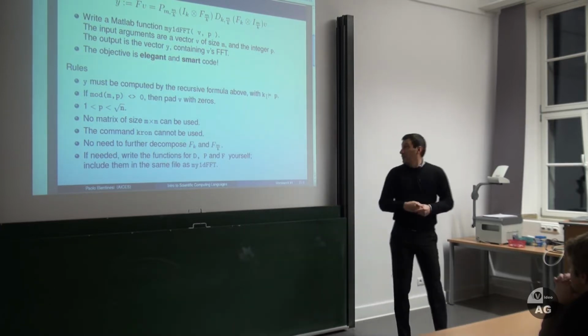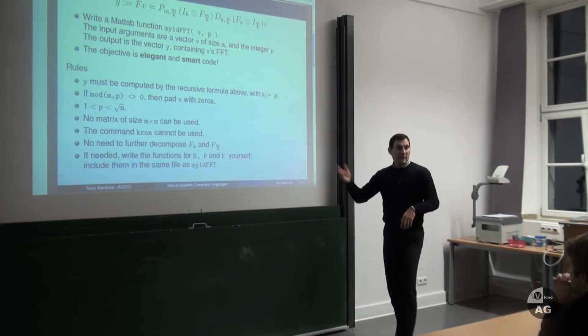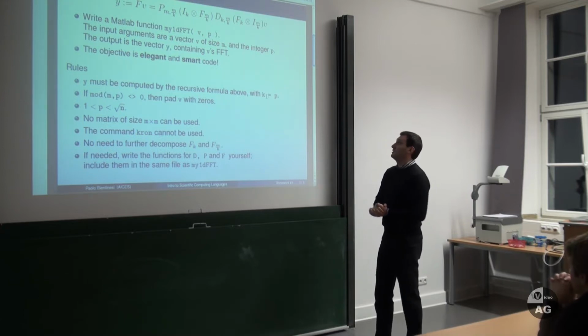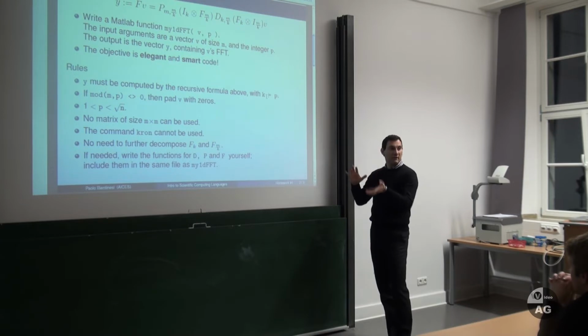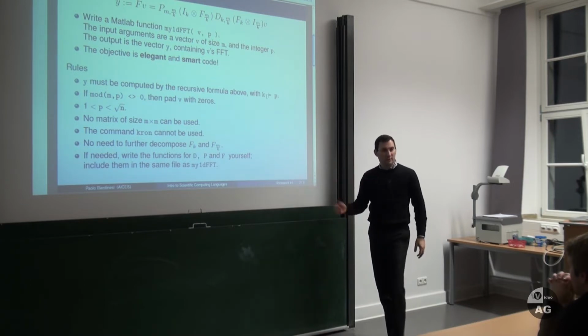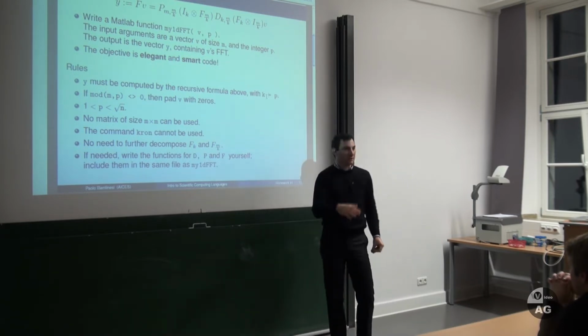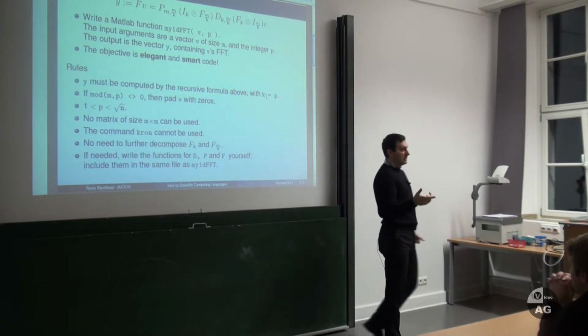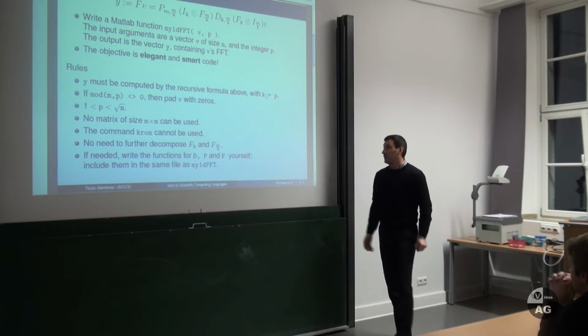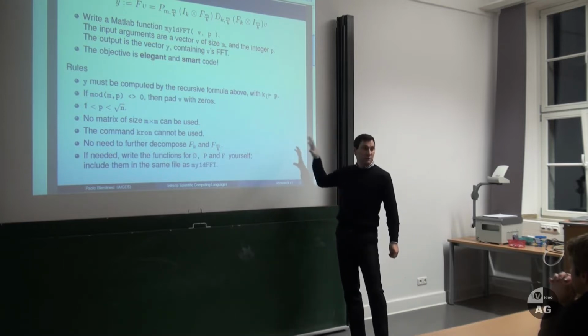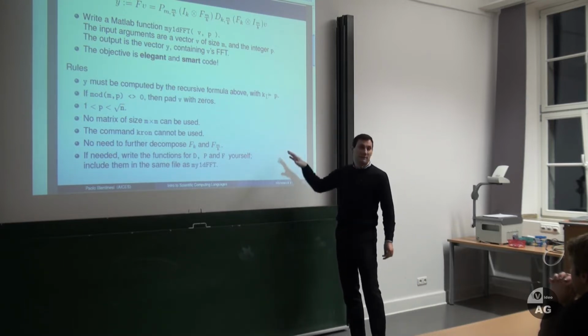You will check the accuracy. You will check maybe different approaches, and you will do all of that in MATLAB or maybe Mathematica or maybe Python, but certainly not in C. So what you guys had to do is very much like what you would have to do in the future. This is why it's important to come up with an elegant and smart code.